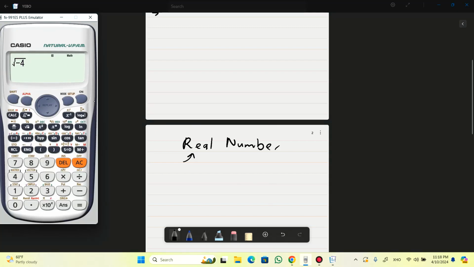Let's say the square root of 32, that's a real number. 8 is a real number. Negative 6 is a real number. It is a number the calculator can provide.